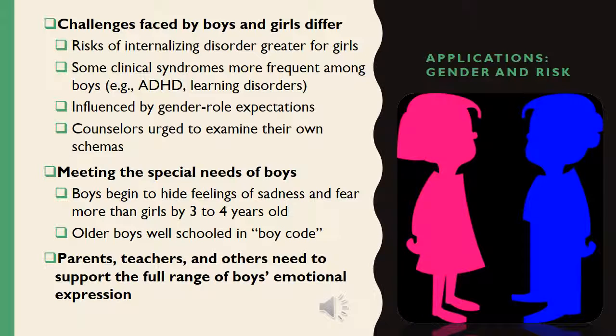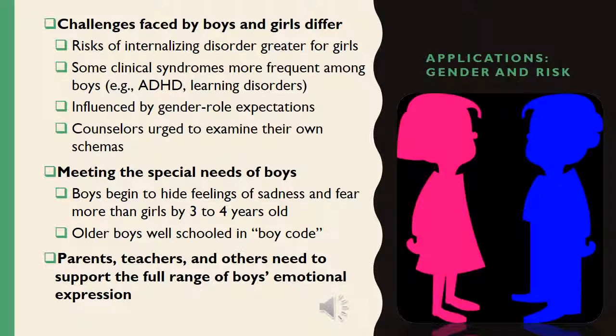And then in this phase, we really encourage counselors to examine their own schema, the schema you've built around gender and gender identity. Thinking specifically about working with young boys, we tend to do a really good job with girls, but boys are more likely to hide feelings of sadness and fear, starting as early as 3 to 4.